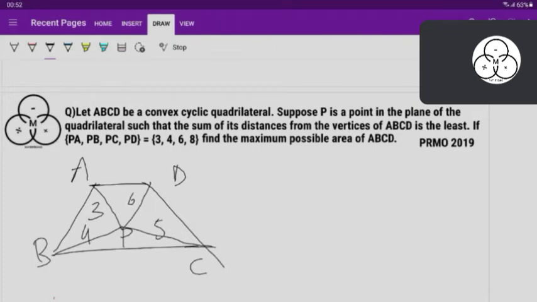Now the area of ABCD will be equal to the area of APB plus BPC plus CPD plus DAP.